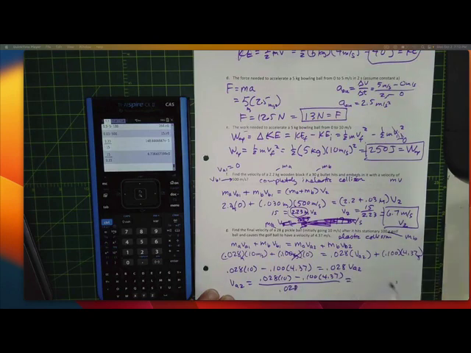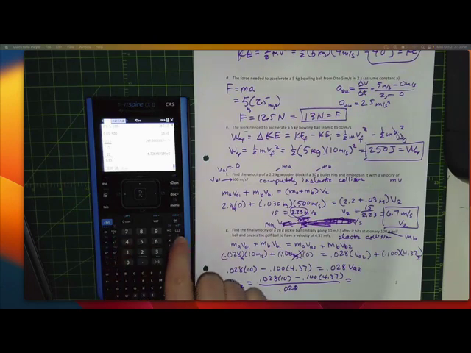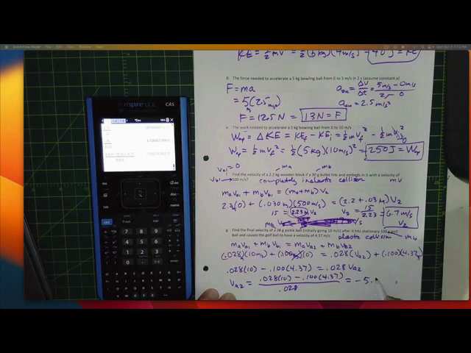However you like to do the algebra, 0.028 times 10 minus 0.1 times 4.37. All of that has to go on top, divided by 0.028. Negative 5.61 meters per second for VA2.